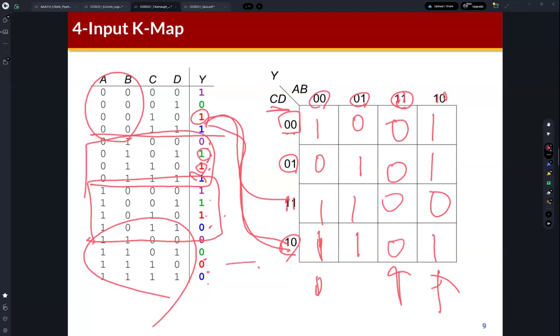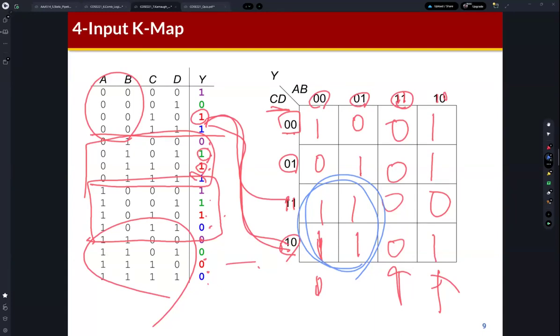Then the next step is we need to find the largest circles possible that can merge the ones. What is the largest circle in this Karnaugh map? We can easily find this one, right? It's a rectangle, and it includes 4 elements.